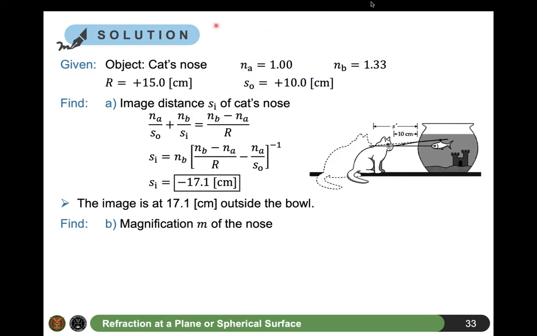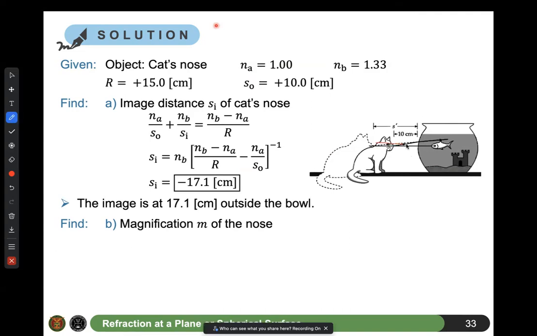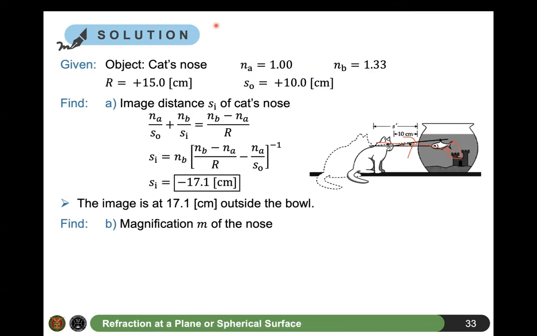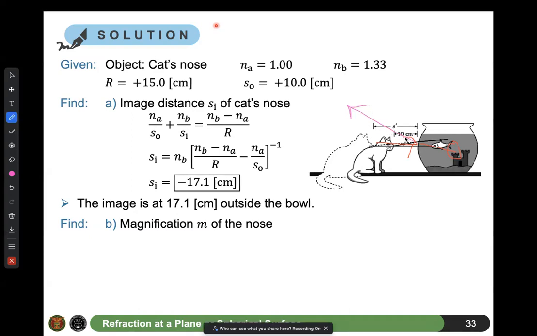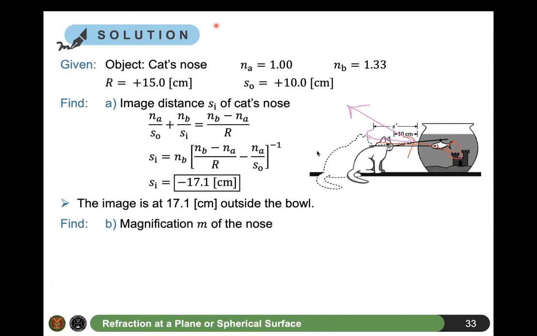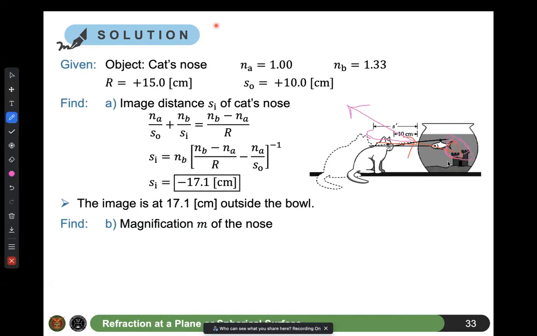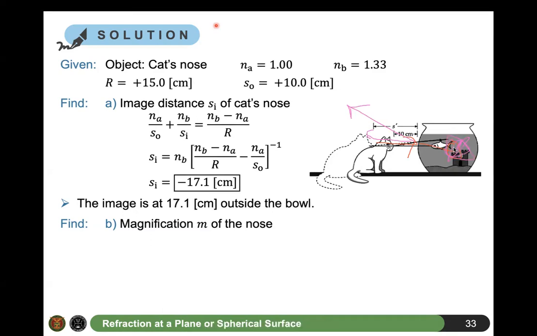What does this mean? This is the incoming side, and we expect that after refraction the image should be here. Since SI is negative, instead of the image forming on the other side, the outgoing side, it forms here. So a negative SI means the image is virtual. If positive, the image forms on the same side as the outgoing side, so it is real.